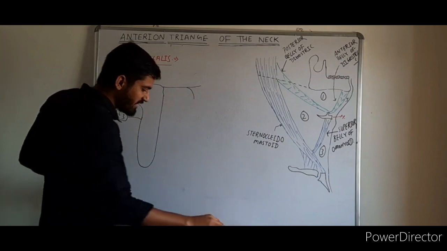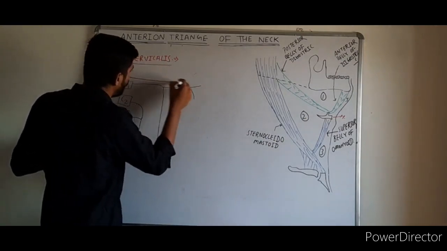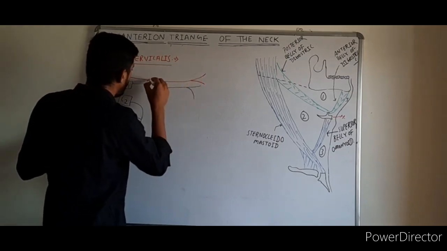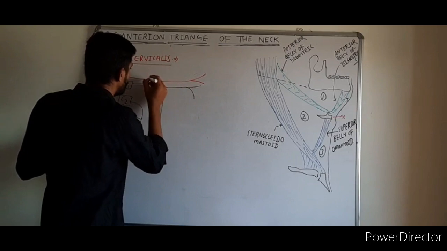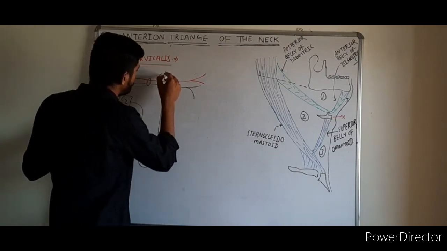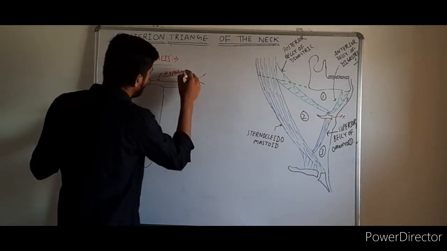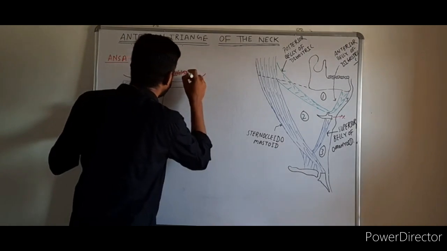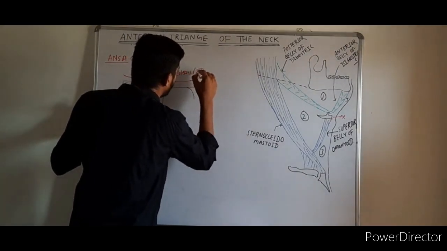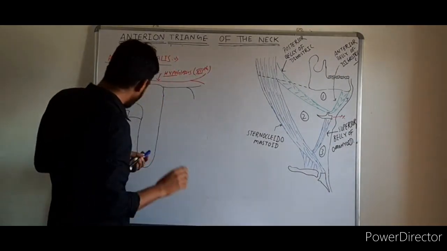One nerve is here, that is the hypoglossal nerve. I am mentioning here the hypoglossal nerve, the twelfth cranial nerve.